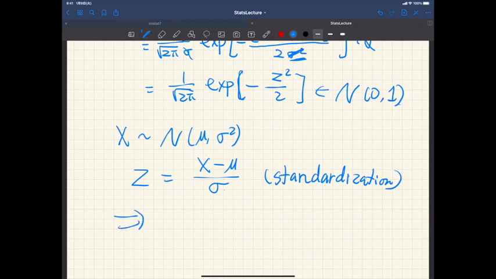Then this new random variable follows the standard normal distribution. That means the mean is 0 and variance is 1. So any normal distribution can be converted into the standard normal distribution. That means if we know the standard normal distribution, we know any other normal distribution.